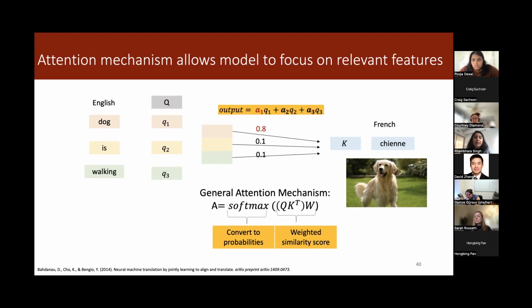And so the output now gets weighted by these attention scores. And so the model gives more emphasis to the word dog when trying to make this prediction as opposed to the other words. And so this roughly translates to the idea that the model is giving more attention to a particular entity over all the other entities and reduces the cognitive burden.